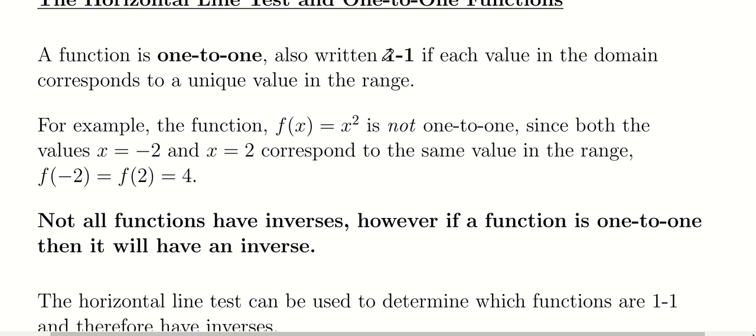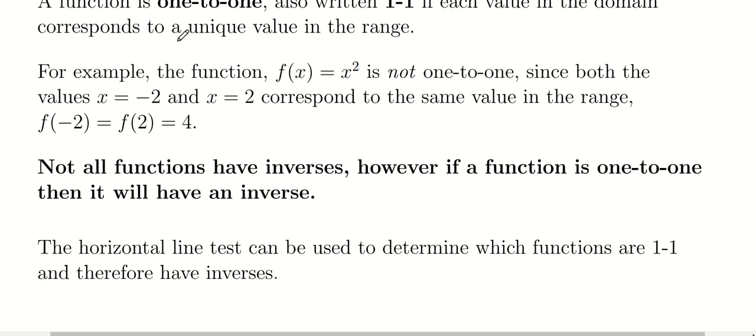So remember, to be a function, each value in the domain had to correspond to exactly one value in the range. To be one-to-one, you still have to have that property because it still needs to be a function. But what this is kind of saying is that each value in the domain produces a unique value in the range. Okay, so unique inputs would produce unique outputs.